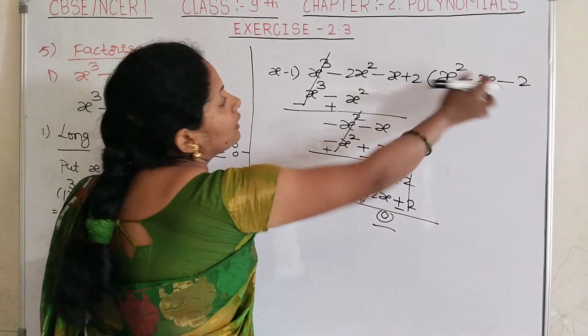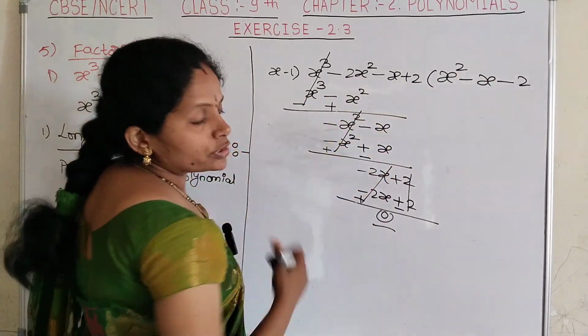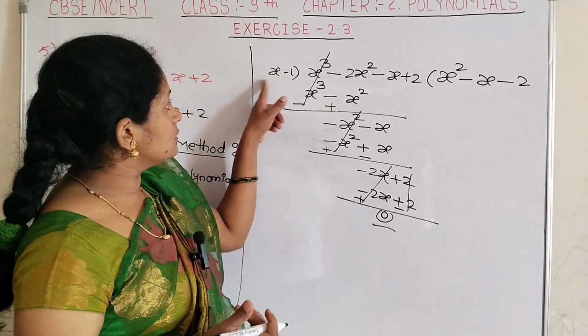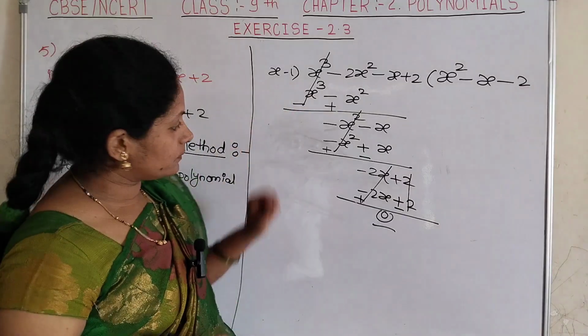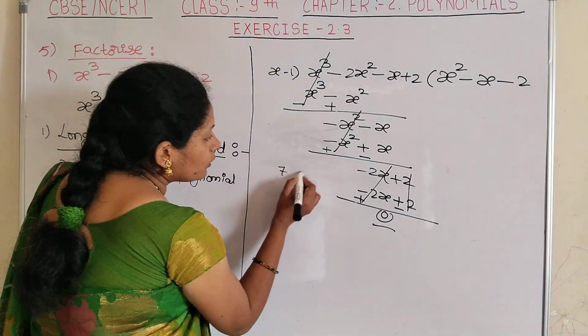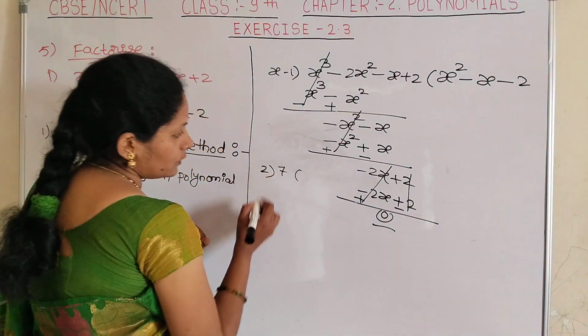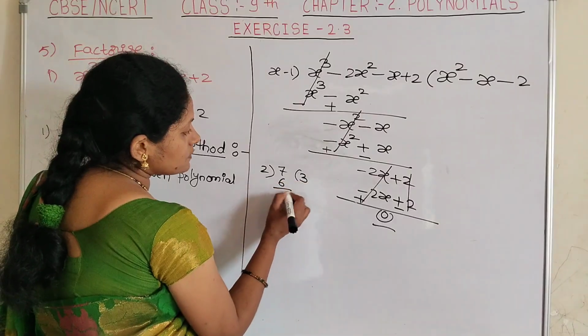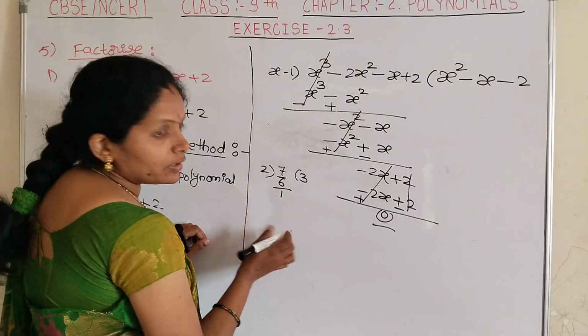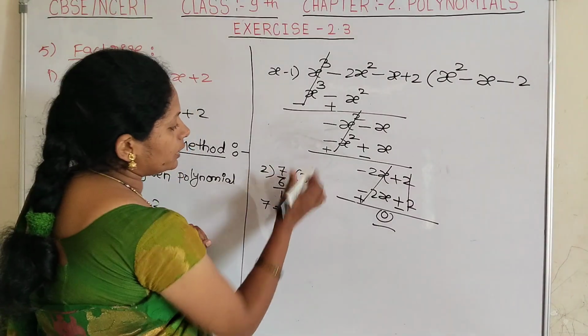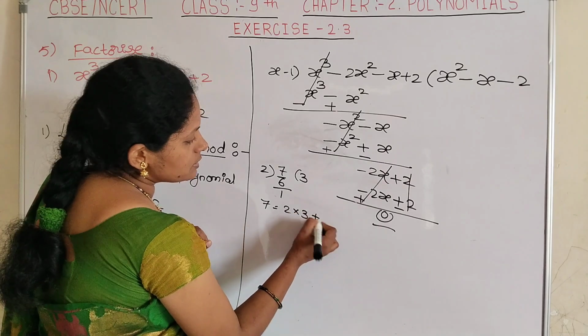And here, this is called the quotient. This is the dividend and this one is the divisor. 2 3s are 6, so 7 can be written as 2 into 3 plus 1.